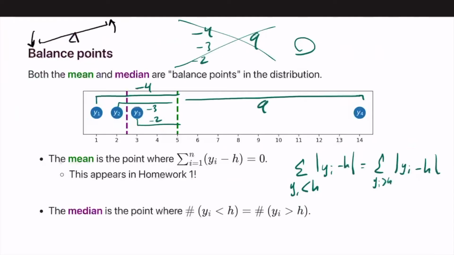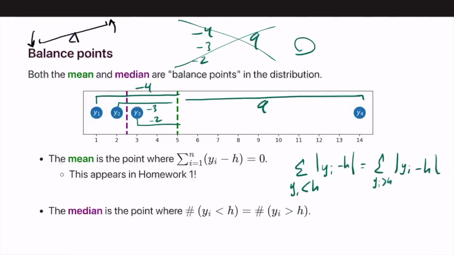So the mean absolute error balances it so that H star winds up being in the middle of the data, so that you have the same number of data points on the right as there are data points on the left. Whereas the mean is trying to minimize the sum of Euclidean distances on both sides of the mean such that it equals 0.